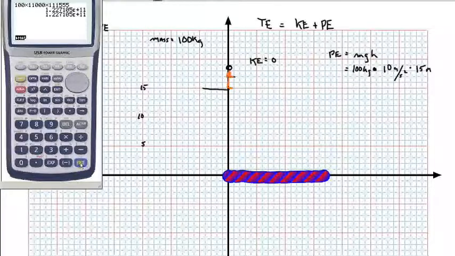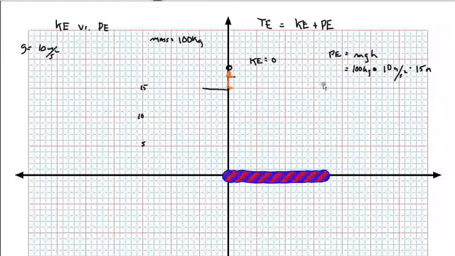Okay, so I put up the calculator here just so you can see that I'm not cheating and I'm really putting in these very simple numbers. You really don't need the calculator, but 100 times 10 times 15 is 15,000 joules. Now remember I said that we could, instead of writing all the units, well, I'll tell you what I'm going to do.